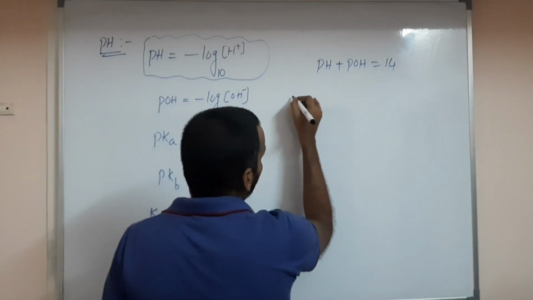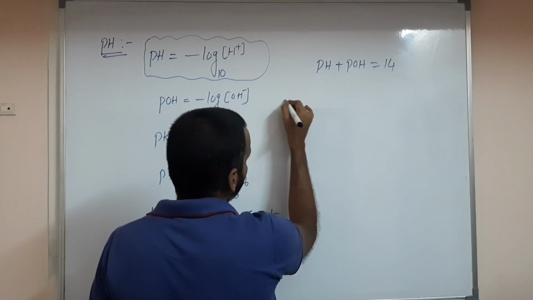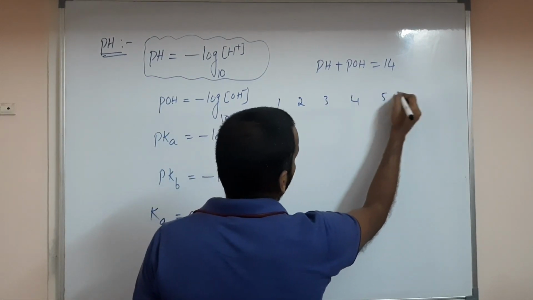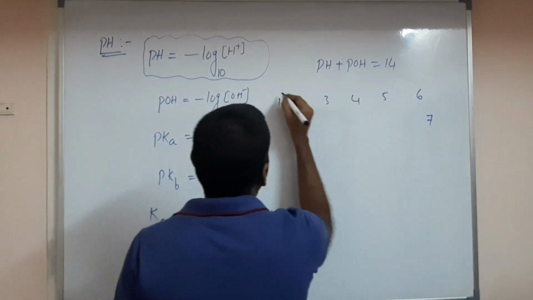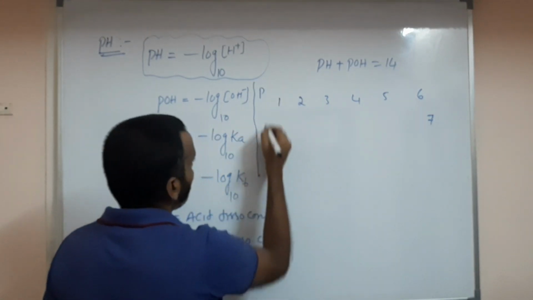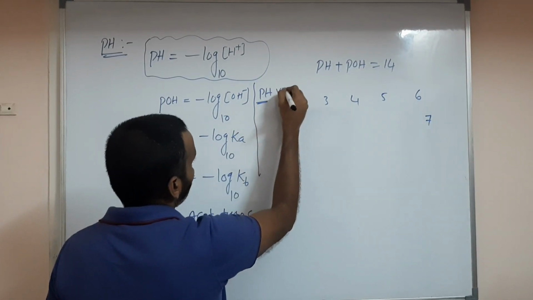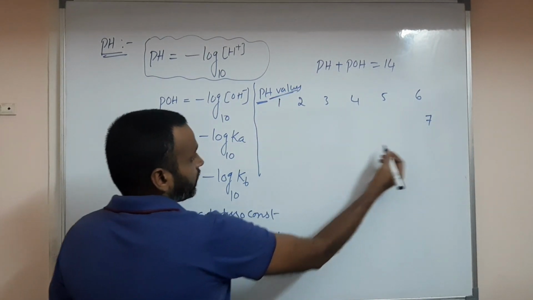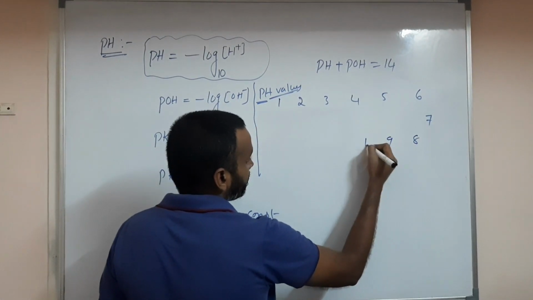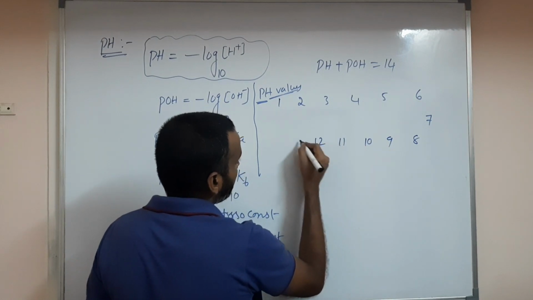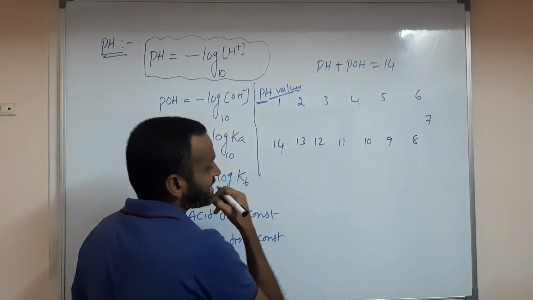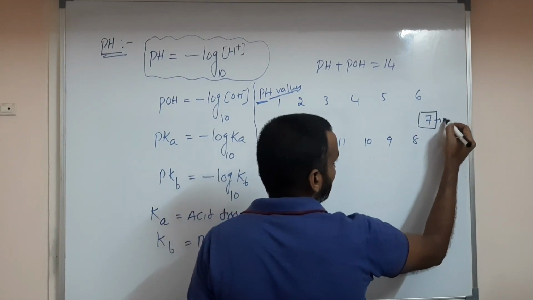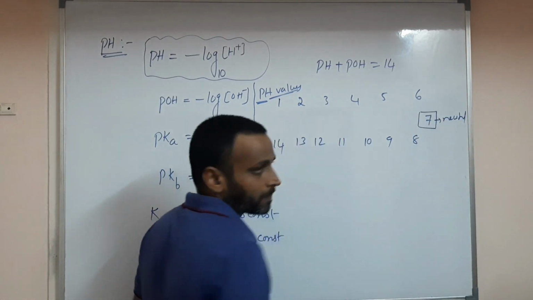Now, what you can write is the values of pH and pOH from 1, 2, 3, 4, 5, 6, 7, and then 8, 9, 10, 11, 12, 13, 14. So pH exactly 7 is neutral.